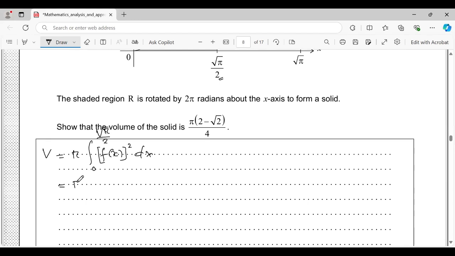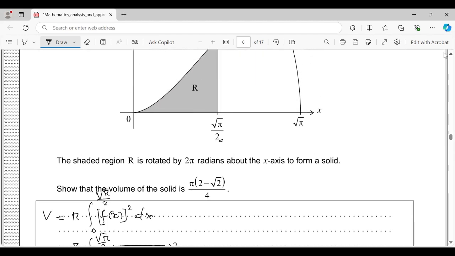So it's going to be pi times the integral from 0 to square root pi over 2 of root x sine x squared, squared dx.